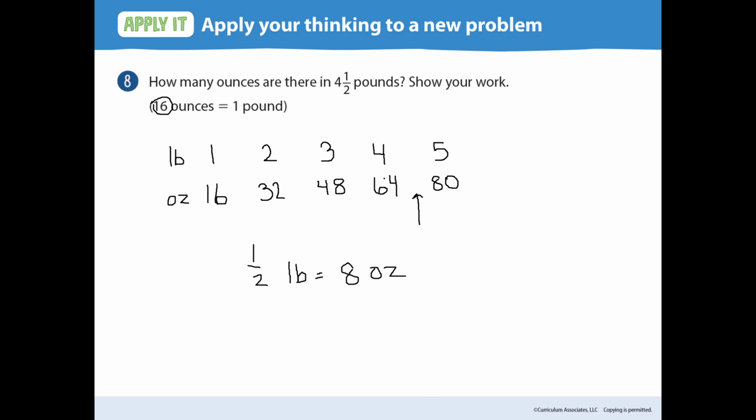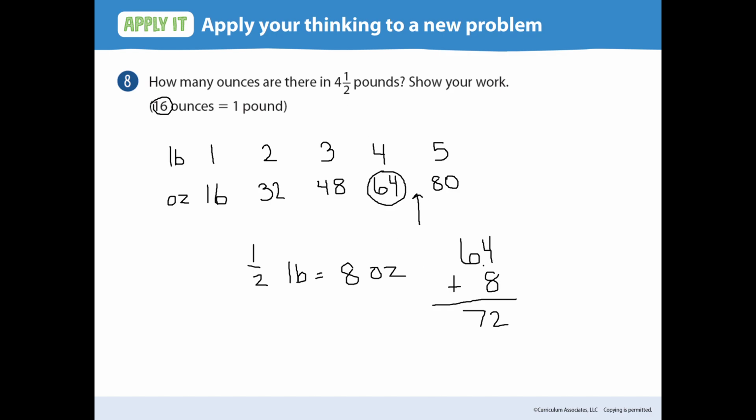So if 4 pounds is 64 ounces, and I take 64 plus another half pound, which was 8 ounces, 64 plus 8 equals 72. So this is one way that you can solve it. You can take 4 times 16, where we get 64, and then decide half a pound is 8 ounces and add the 64 plus 8.